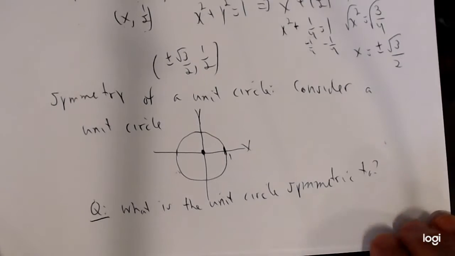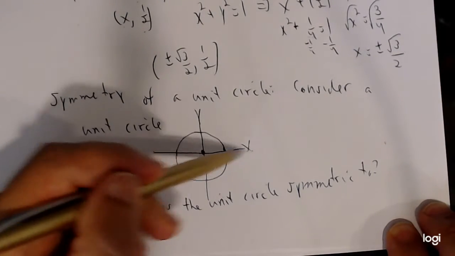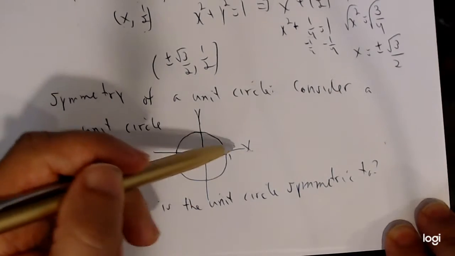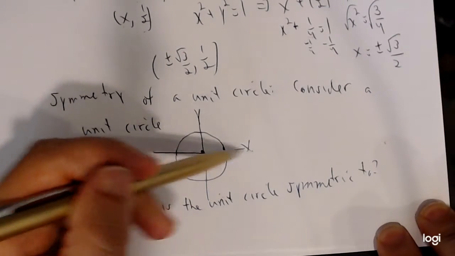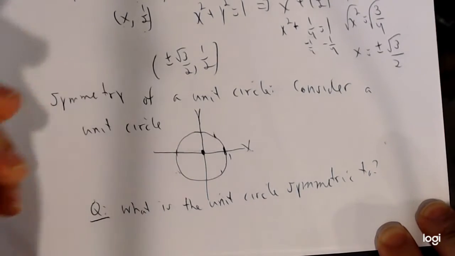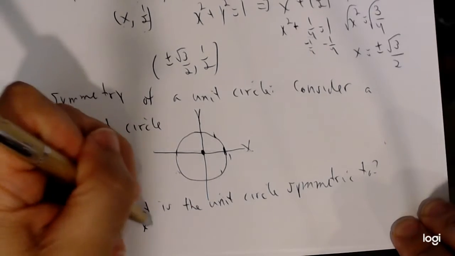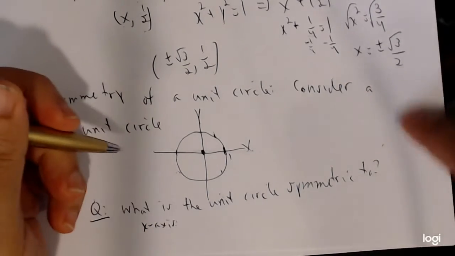And in fact, if you notice, this unit circle is symmetric. Symmetry means what? I could divide it in half. So it's symmetric to the x-axis, because notice how I could reflect it about the x-axis and I get the same point. So we can basically say it's definitely symmetric with respect to the x-axis.